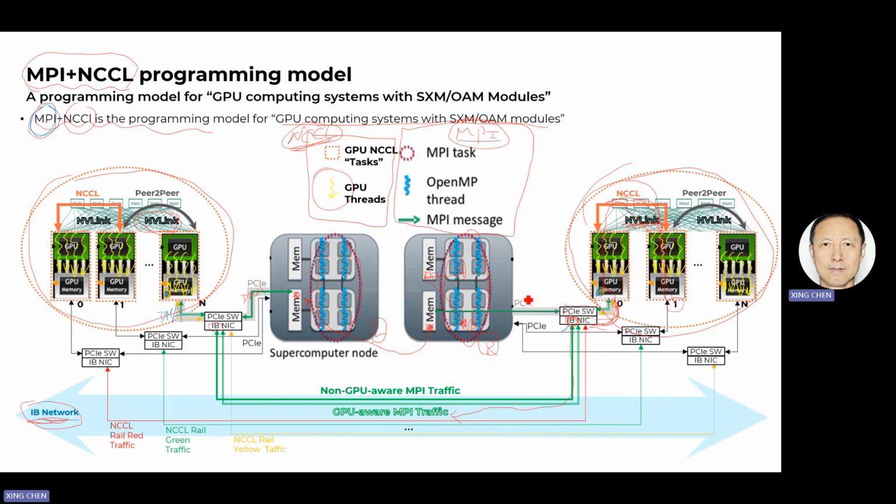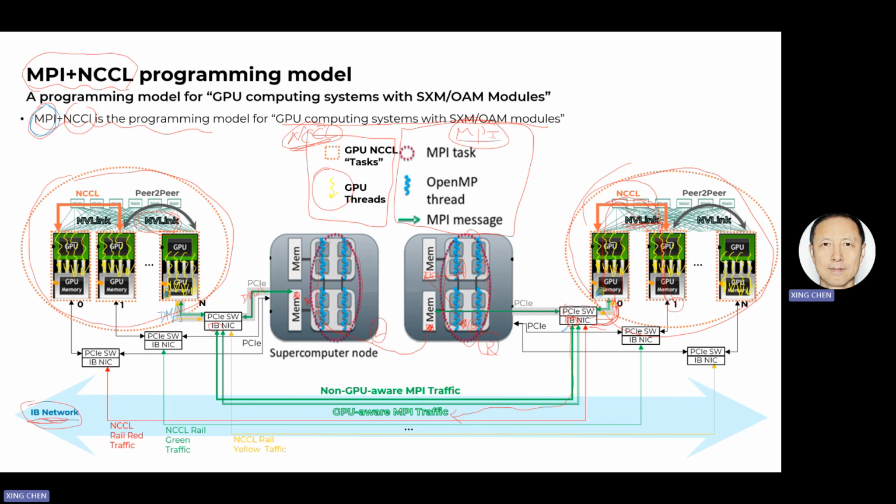That could be using the PCIe plus InfiniBand, or it could be by using InfiniBand plus PCIe plus even the NVLink, goes through these 3 kinds of networks. So basically, the summary is that for this programming model, you have 2 sets of libraries, and each library is taking care of one kind of the communications.